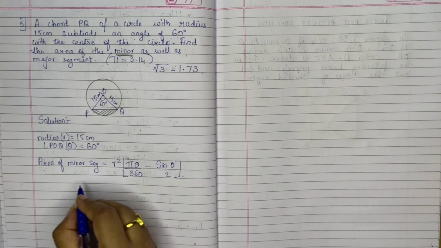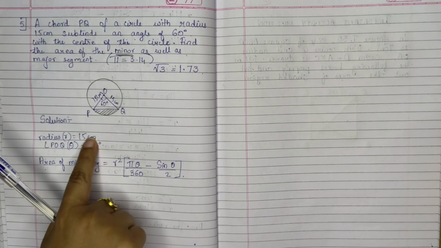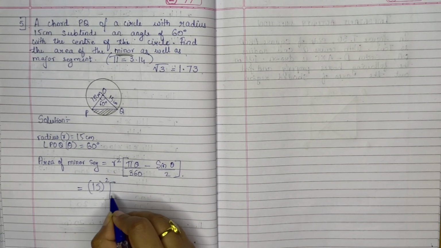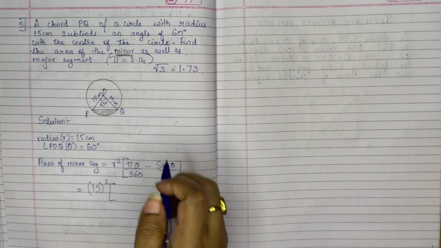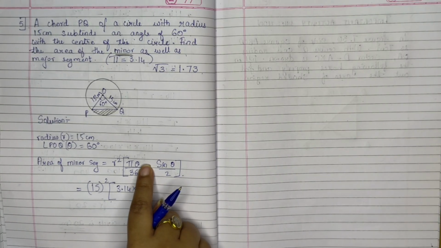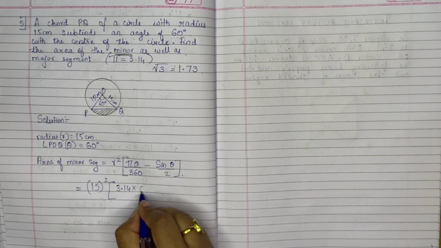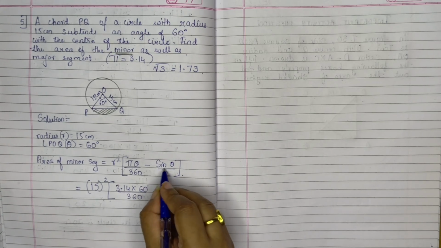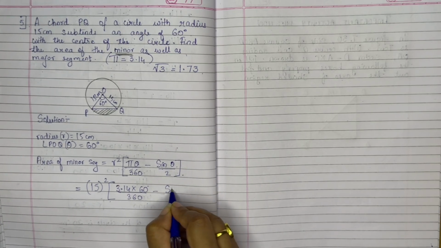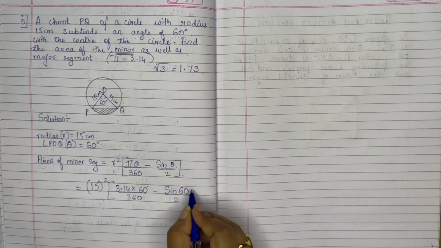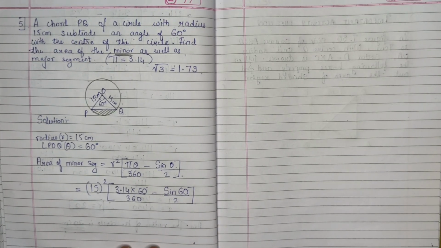Now R square is 15 square, pi again we take 3.14, multiplied by theta, 60 degrees upon 360, minus sin 60 upon 2. Write the values.